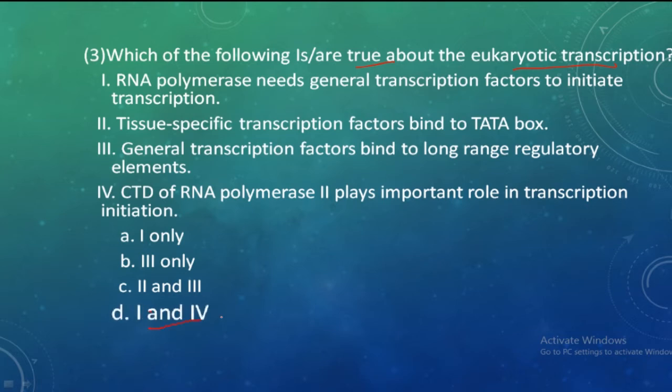So here is the answer, which is sentences 1 and 4, meaning option D is correct. RNA polymerase needs general transcription factor to initiate transcription. And the fourth one, CTD of RNA polymerase 2 plays an important role in transcription initiation. As we know, in case of eukaryotes, RNA pol 2 plays a very important role in the transcription process.